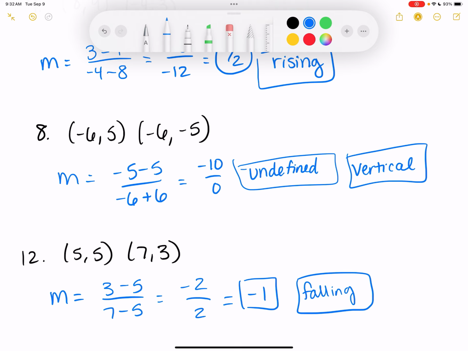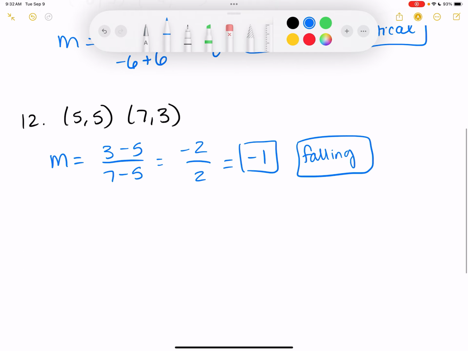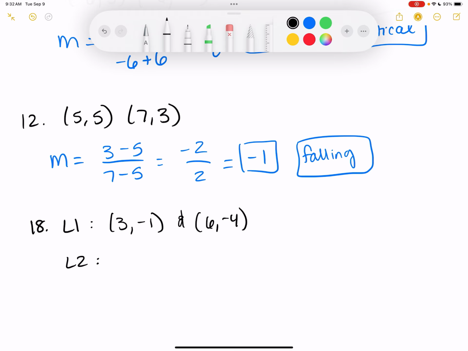Line 1 is 3, negative 1, and 6, negative 4. Line 2 is negative 4, 5, and negative 2, 7.